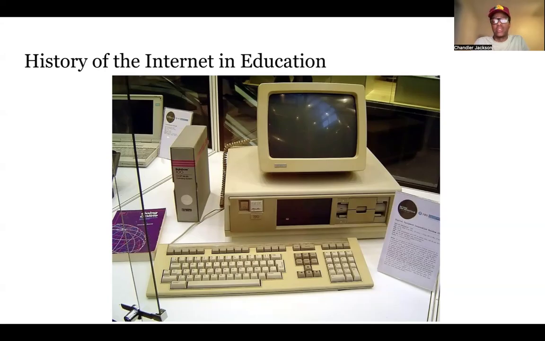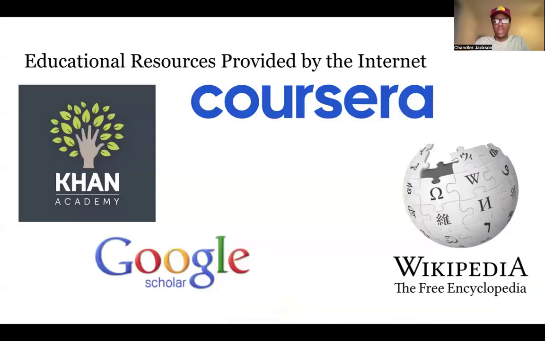But let's also transition on to what we now use today and what we're more used to. Going into today, we use many of these different resources, such as Khan Academy, Google Scholar, Wikipedia, and Coursera. They're all online internet search engines and online internet learning programs that we use to get our education, learning, and schooling.